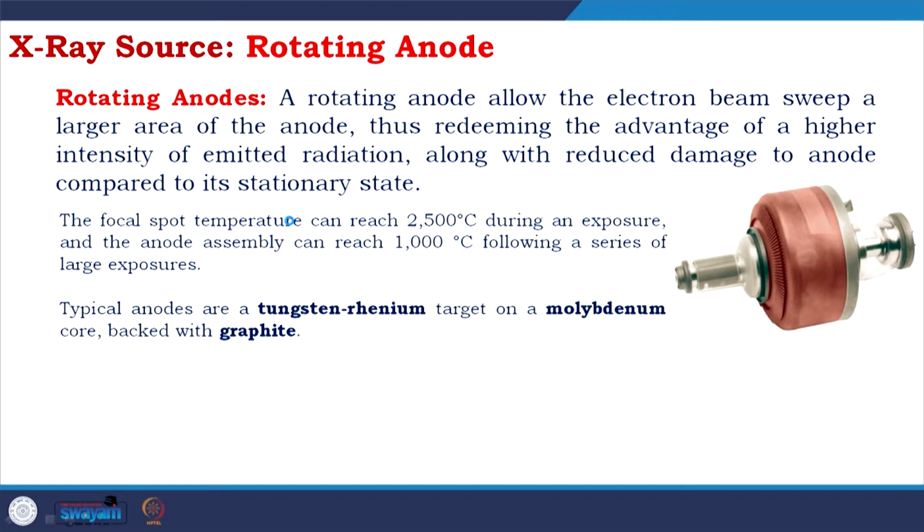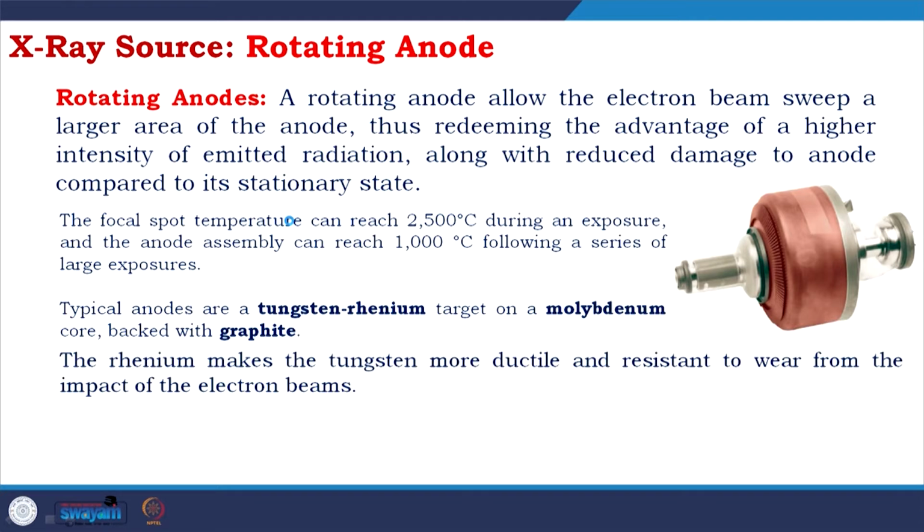So, they are stable enough. Typical anodes are a tungsten rhenium target on a molybdenum core backed with graphite. Why? Because the rhenium makes the tungsten more ductile and resistant to wear from the impact of the electron beams. That is why it becomes more stable.